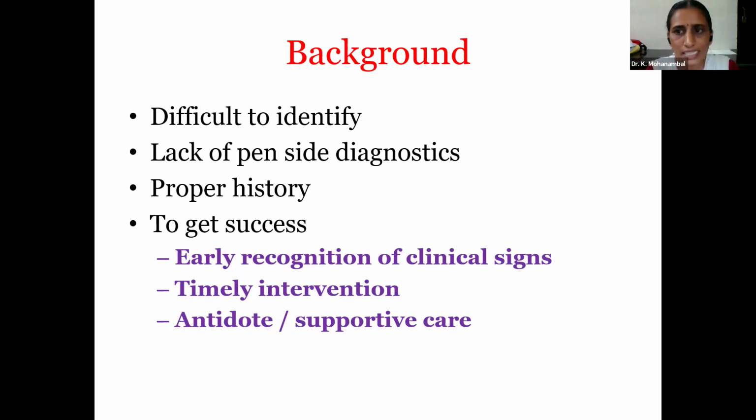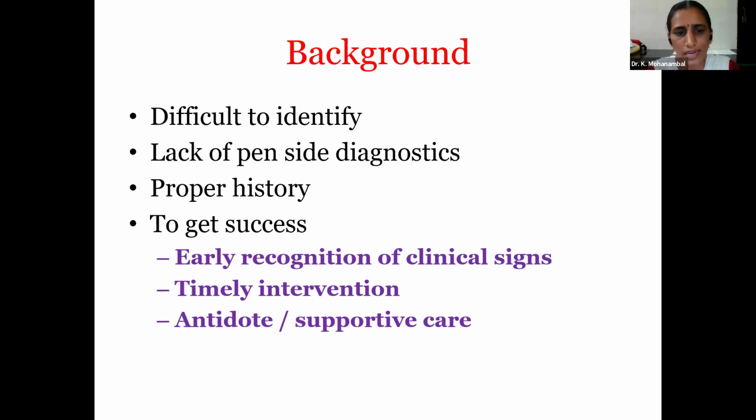And to get success in treating intoxications, we need to recognize the clinical signs very early. So early recognition of clinical signs is very important. We should act very swiftly and quickly, because timely intervention will save the animal with the proper antidote.